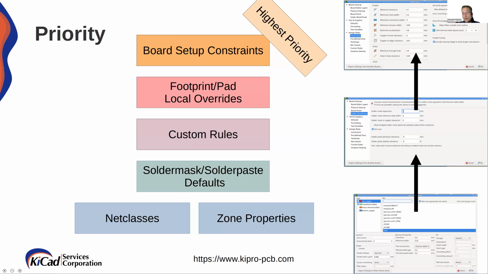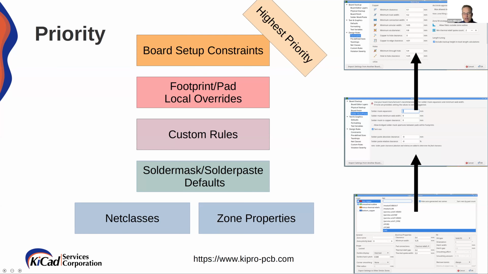Now, I will put an asterisk here on this because you can actually override this by having a custom rule that is narrowly tailored. So your board setup constraints are going to be this board level thing. But say, for instance, you need to have a neck down to actually connect a track to a BGA component that you can't fit within the normal clearance you have on the board level.